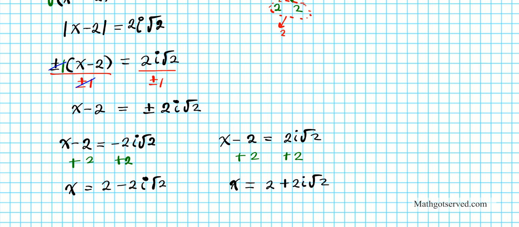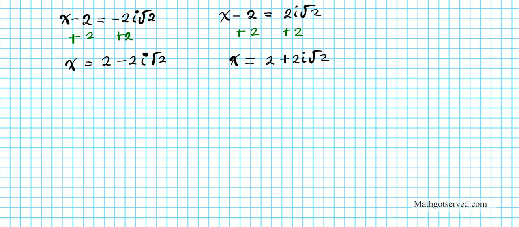Okay? So for this problem, our solution set is given by x equals, squiggly bracket, 2 minus 2i root 2, and 2 plus 2i root 2. Okay? So there you go. So now we have to prove that our answer is correct.